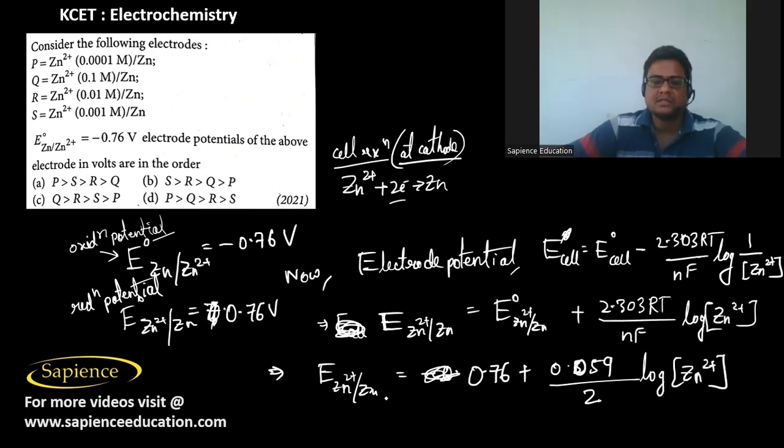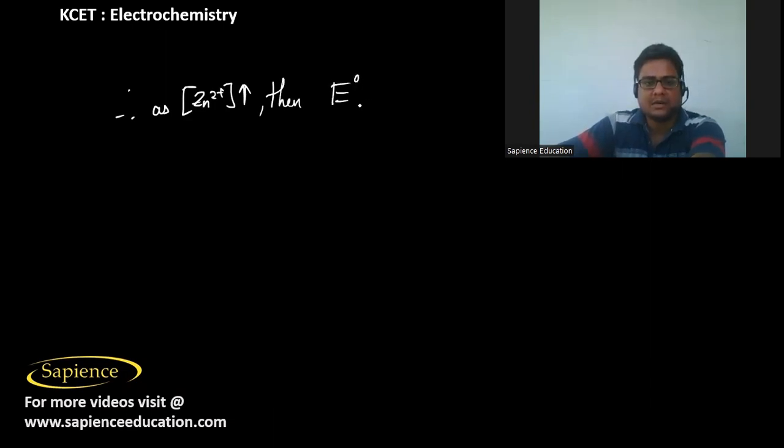So simply it means that the reduction potential of zinc will increase if the concentration of Zn2+ increases. So we can see that as the concentration of Zn2+ increases, the reduction potential of Zn2+ to Zn will also increase.